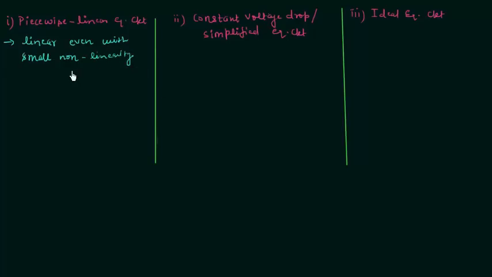So this is the only assumption in the piecewise linear model. First I will plot the curve, and then we will draw the equivalent circuit. The y-axis is for ID and the x-axis is for VD, the voltage across the diode. And if we consider the forward bias condition, then we have something like this.